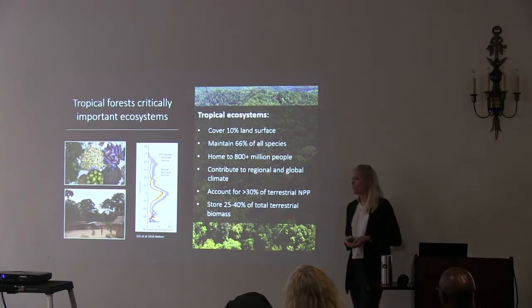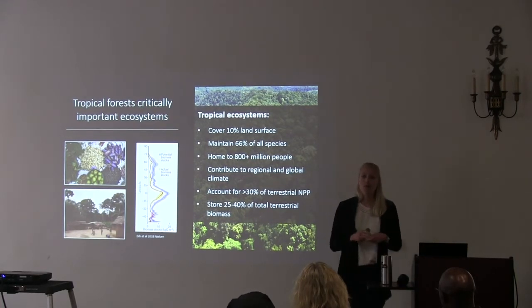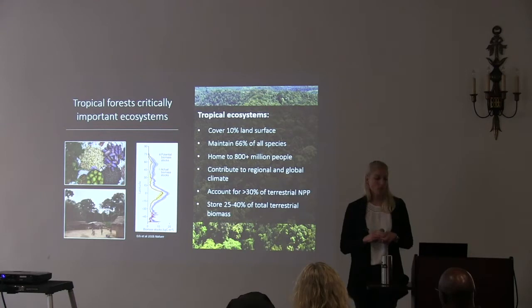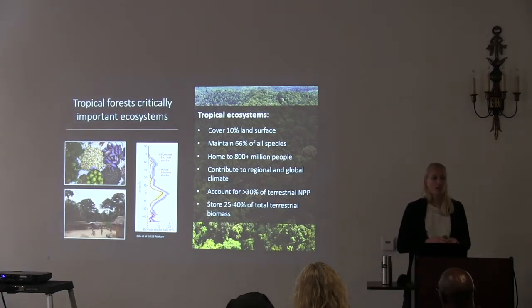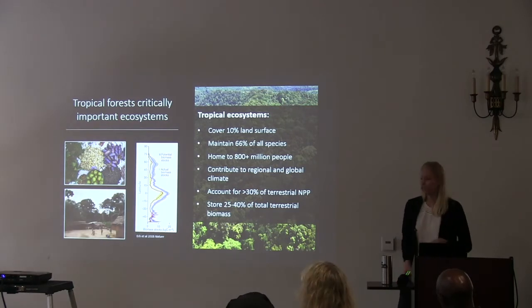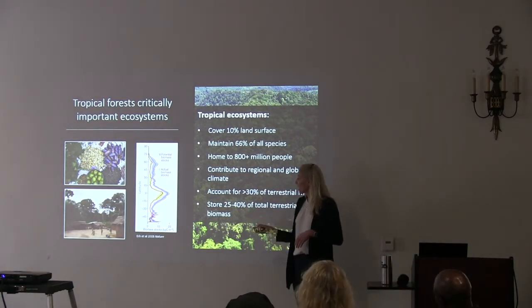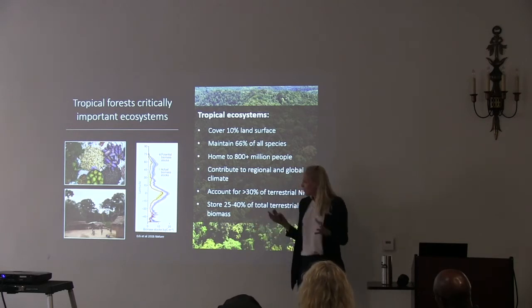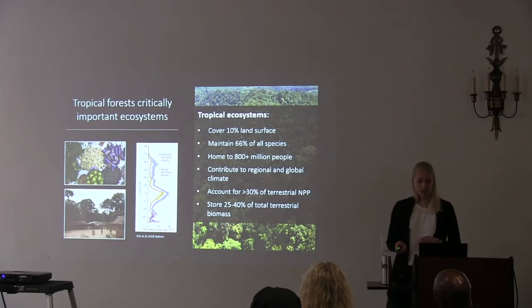They account for more than 30% of terrestrial net primary productivity. Even with a huge amount of uncertainty in above ground biomass estimates, we know that they store about 20 to 40% of terrestrial carbon stocks, depending on the estimate. Here, the y-axis is latitude and the x-axis is biomass stocks, and it's clear that a lot of the above ground biomass stocks are in the tropics.